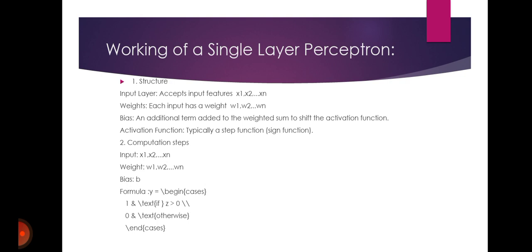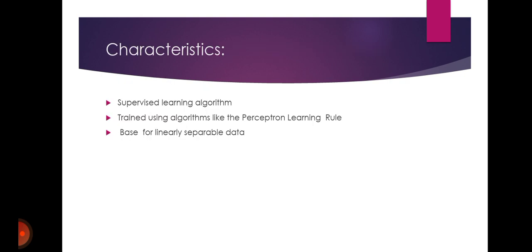The activation function is typically a step function, sign function, sigmoid function, or tanh hyperbolic function. Computation steps. Input x1, x2, xn. This is the formula of the single layer perceptron.